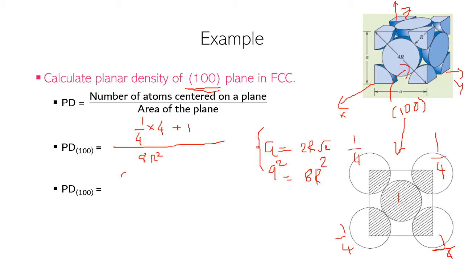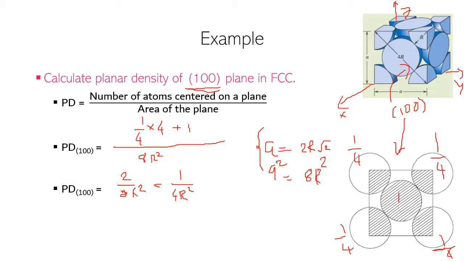So this gives us 2 divided by 8 r squared, which is equal to 1 upon 4 r squared. So we found out the planar density of the 100 plane of FCC crystal structure.